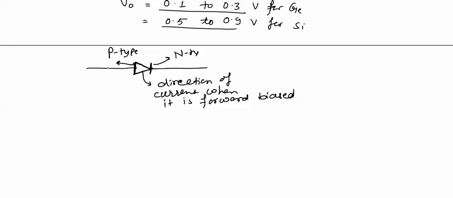The terminal of the diode on P side is called anode and will be represented in the circuits with A, and the terminal of the diode towards N-type semiconductor called cathode is represented with K.